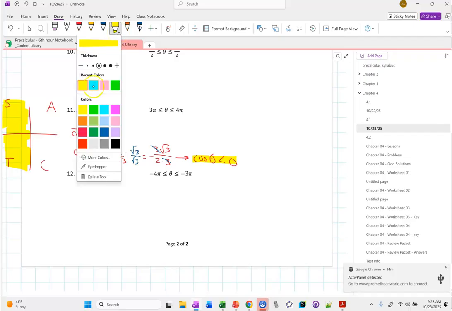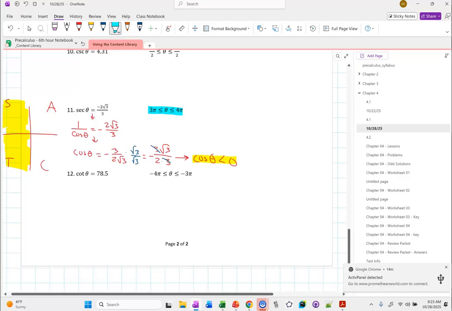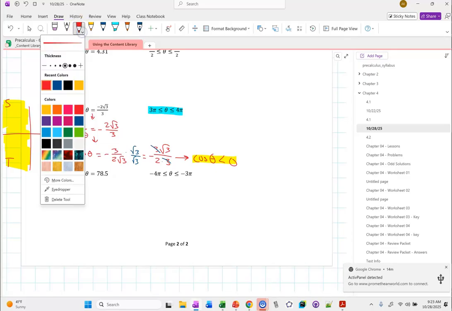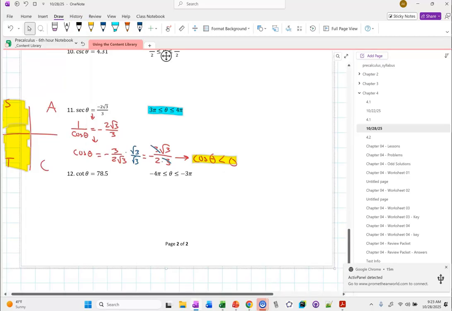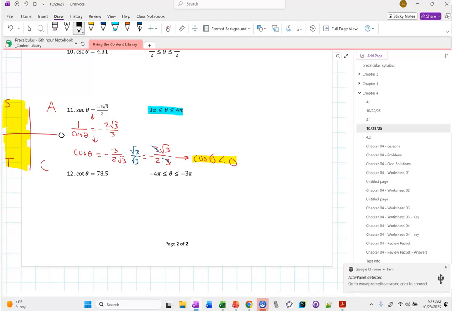Then I want to look at my interval and figure out what quadrants are covered by that interval. I'm going to start on the positive x-axis at 0. And which way am I counting, clockwise or counterclockwise? Counterclockwise, because the angles are positive, right?